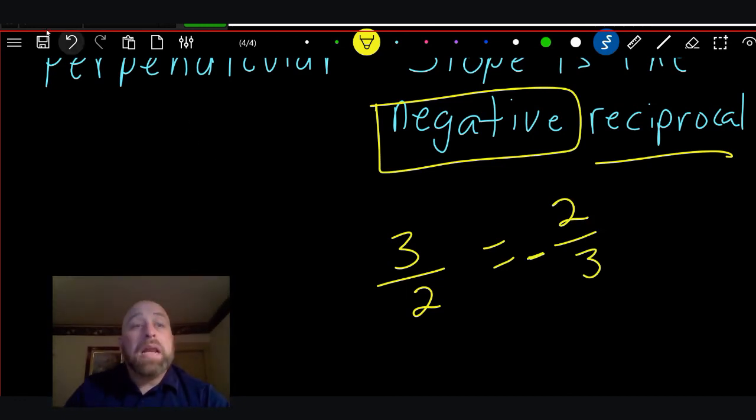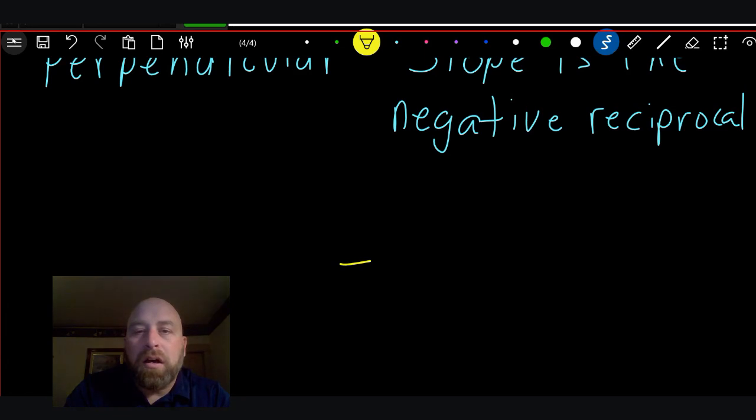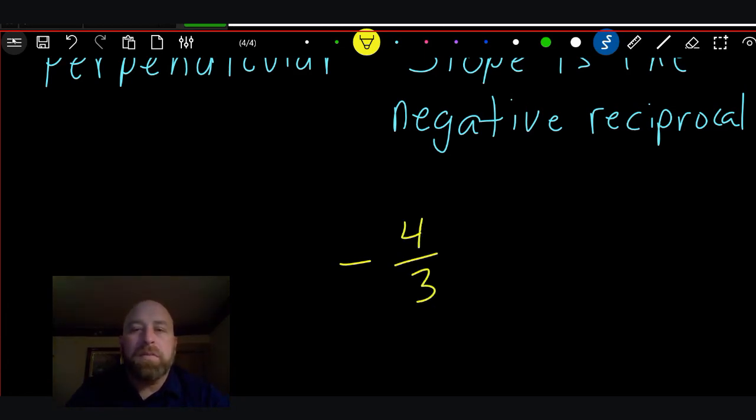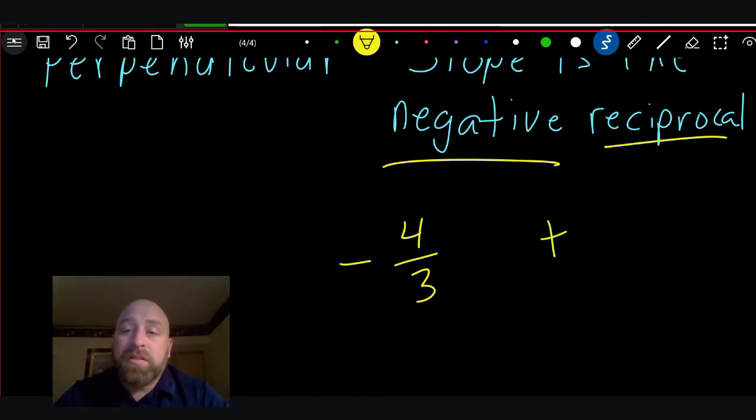Okay? What happens if my slope is already negative? Negative 4 over 3. Okay? Well, then my negative of a negative, when you have a negative of a negative, it's going to be positive, and my reciprocal is just flipping the fraction.